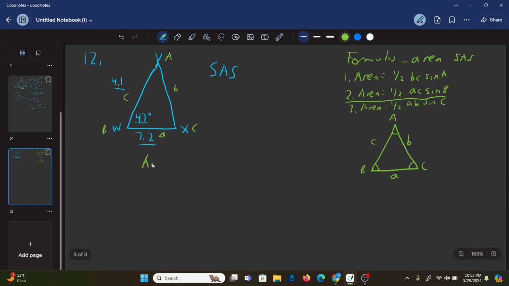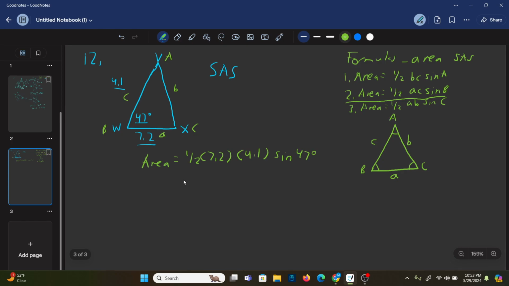So area equals 1/2 little a, which is 7.2, times little c, which is 4.1, times sine B, which is 47 degrees.